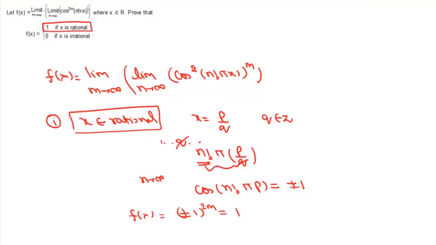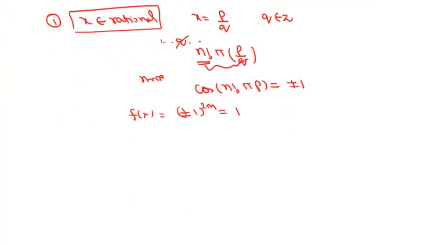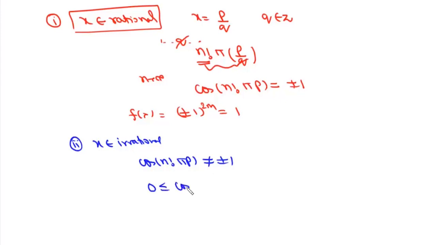Now if x is irrational, in that case this cos of factorial n pi x cannot be plus or minus 1. That means the value of cos square factorial n pi x will lie between 0 and 1.